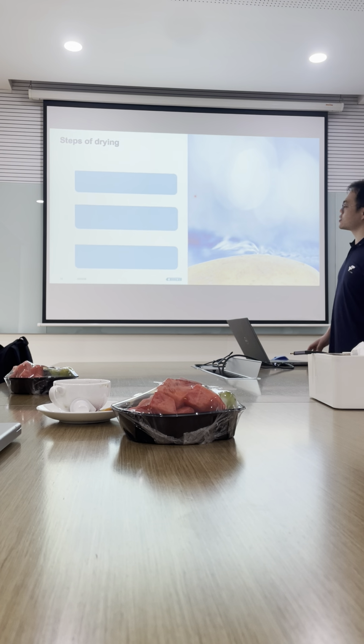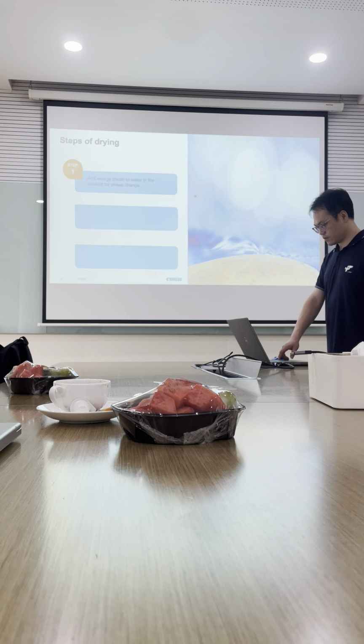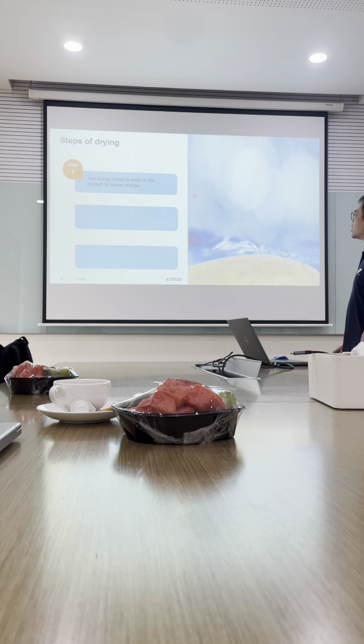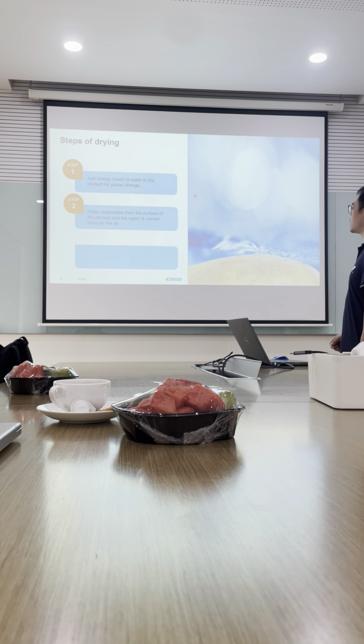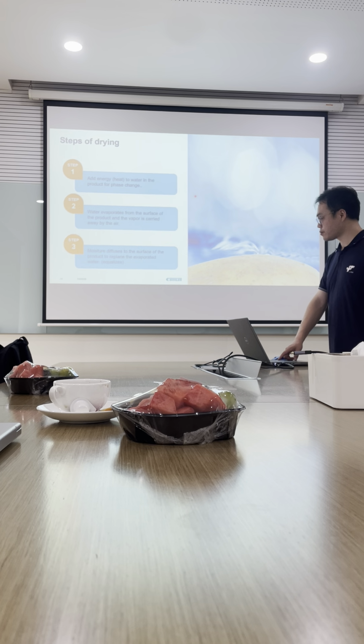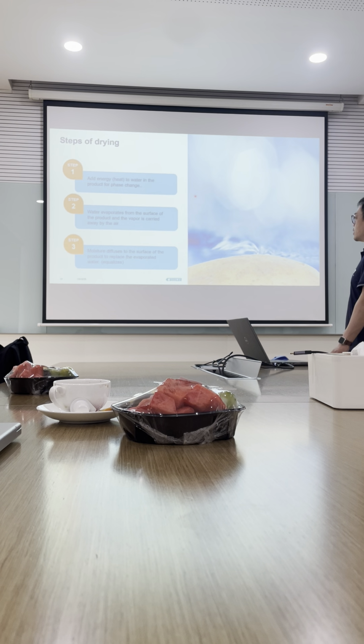There are three stages of drying. First, energy is applied to the water in the product to cause a phase change. Second, water evaporates from the surface of the product, and the vapor is carried away by the air. Third, the moisture diffuses to the surface of the product to replace the evaporated water.